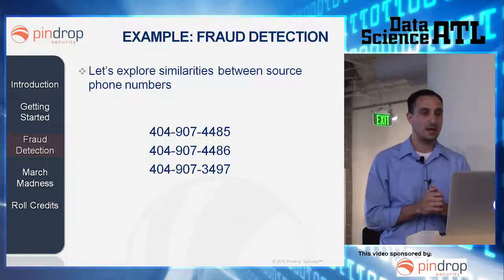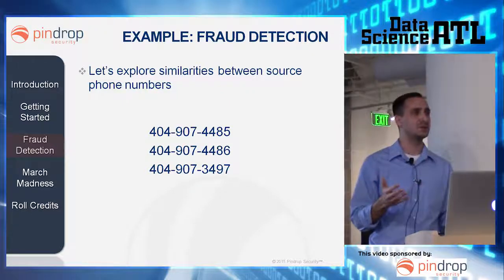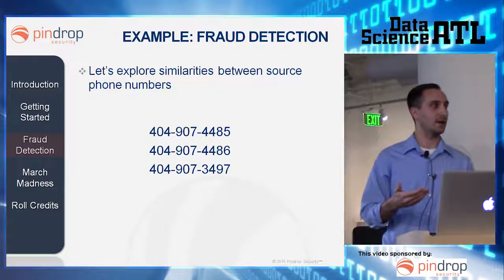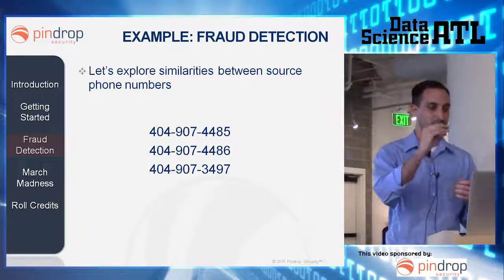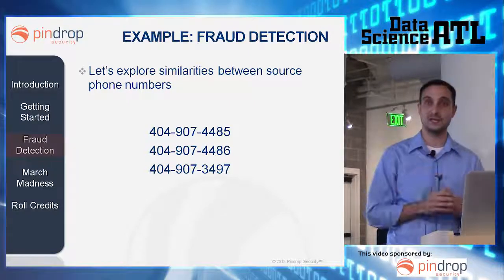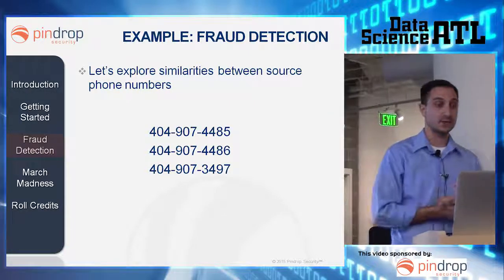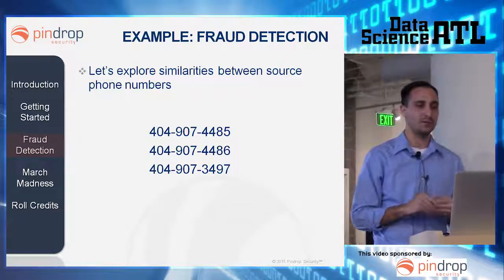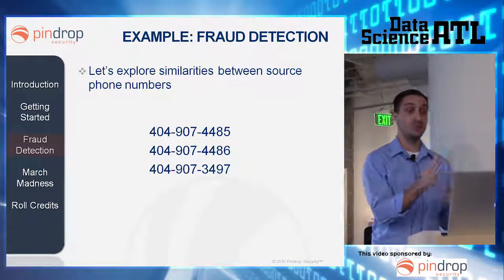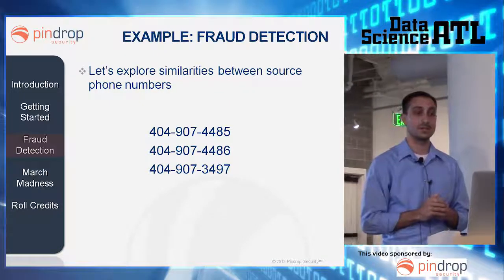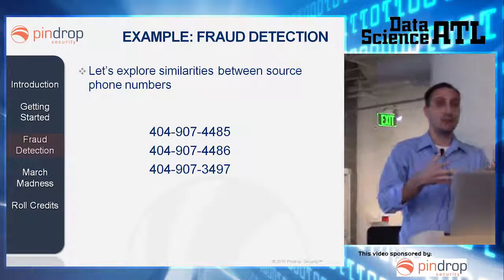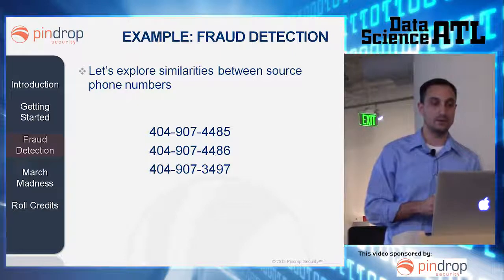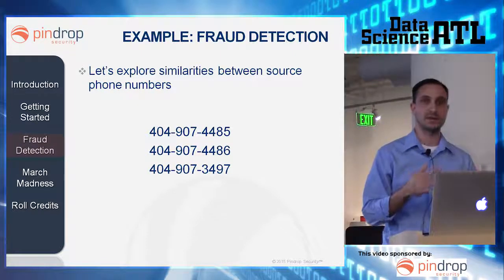The second number is extremely close to that number, but how do we quantify that? It's one off in the last digit, whereas the third number is two off in the last digit, one off in the second to last digit, and then one off in the fourth to last digit. So these are more different. The first and third are more different than the first and second.